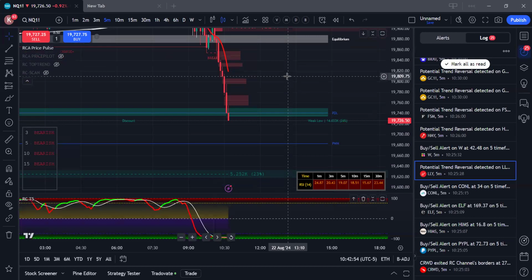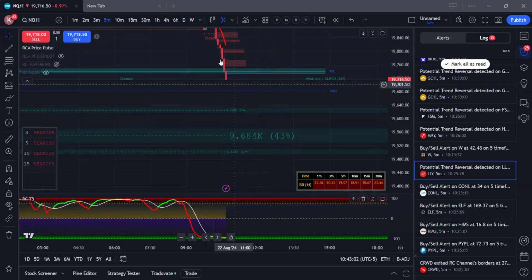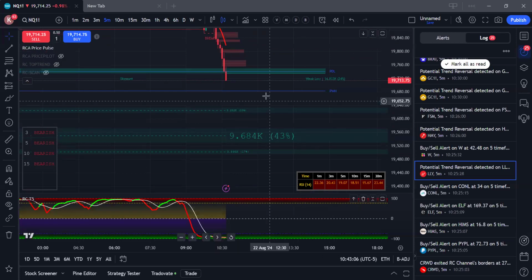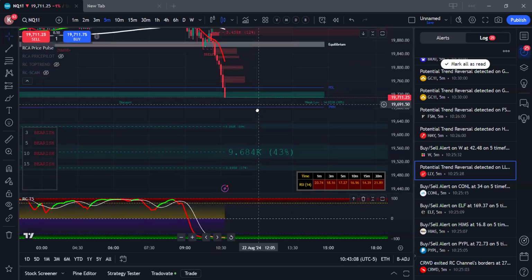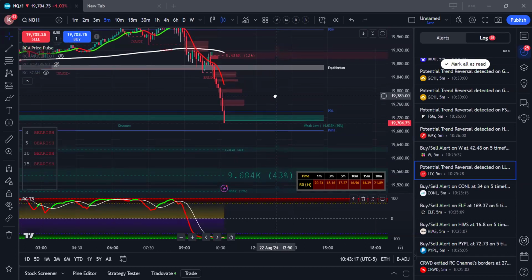Now also it is trying to go further down, and it seems it may go all the way. But that is the advantage: you are taking a low risk trade and you copy the trade into multiple different accounts.